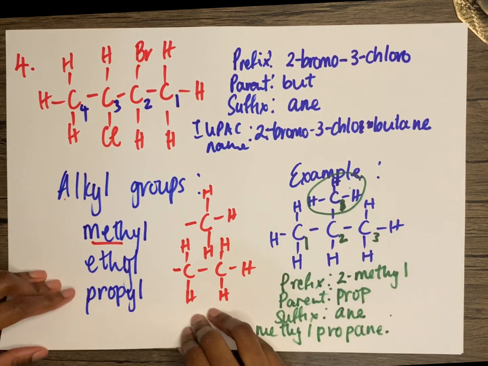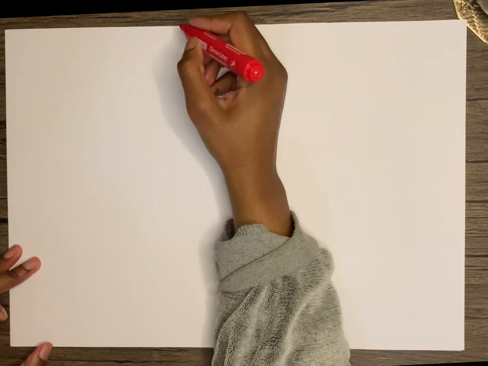When it comes to substituents, I can have either just alkyl groups, which is methyl, ethyl. I can have halogens, which is bromo, chloro, fluoro, iodo, or I can have both in one organic molecule, right? So you have to know how to name all of those different scenarios.